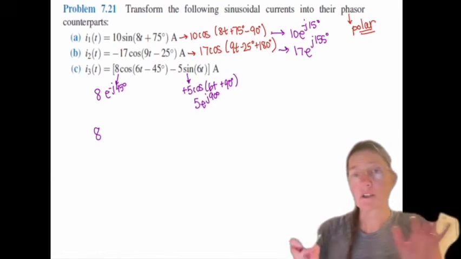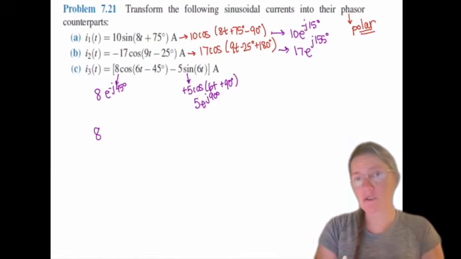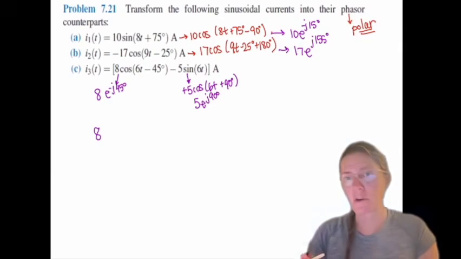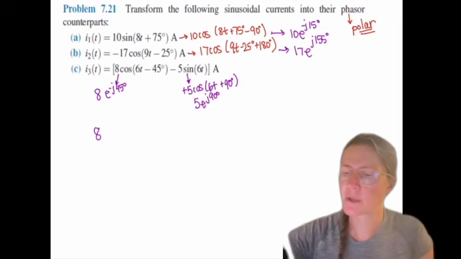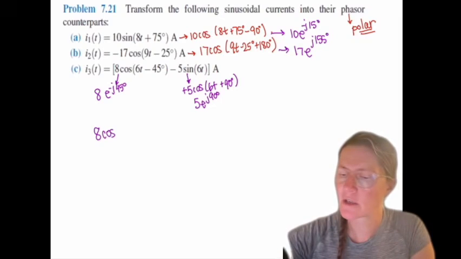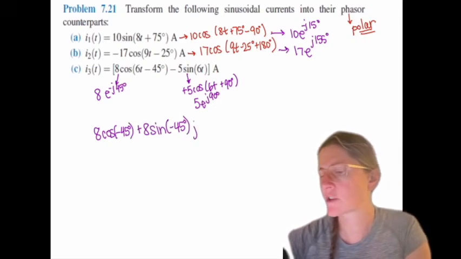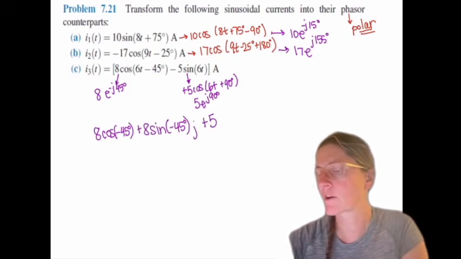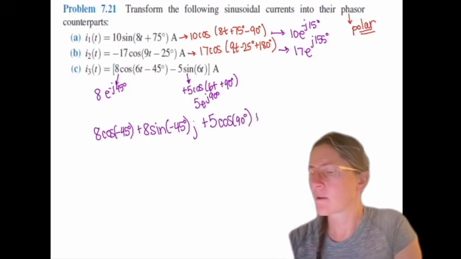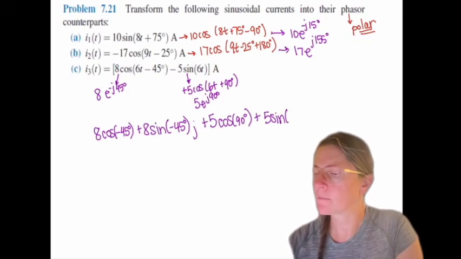So then to add them together, we need to change into rectangular form. So in order to do that, it becomes 8 cosine negative 45 degrees plus 8 sine negative 45 degrees, and this is the j portion. And then this one becomes 5 cosine 90 plus 5 sine 90 j.